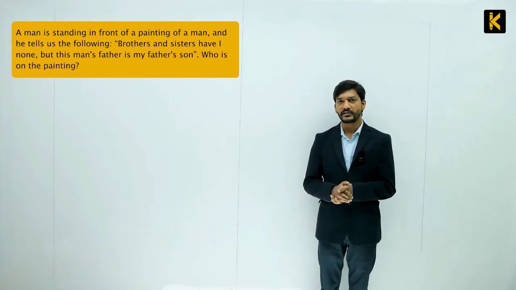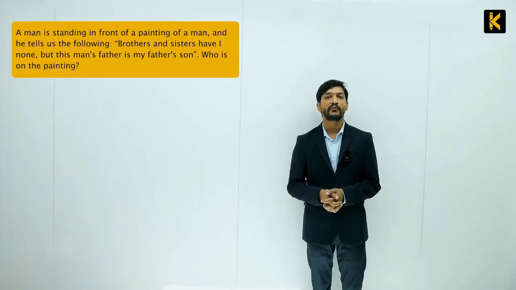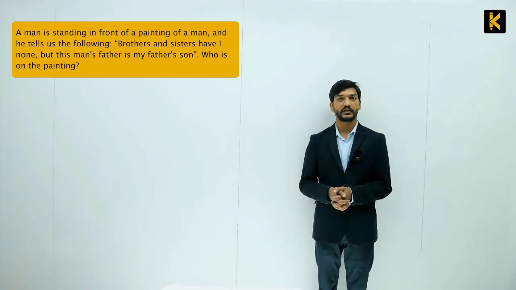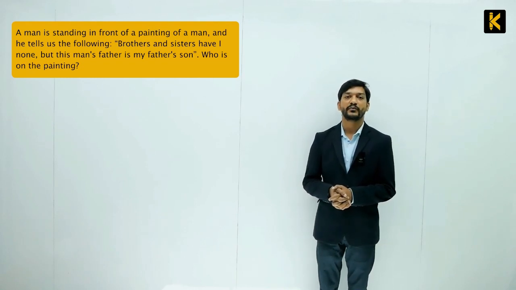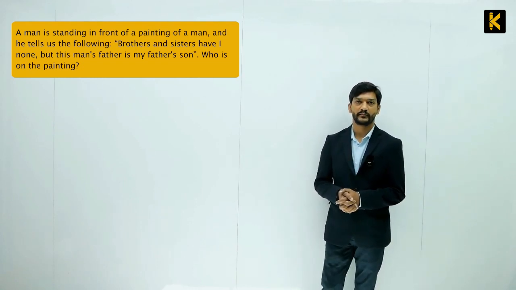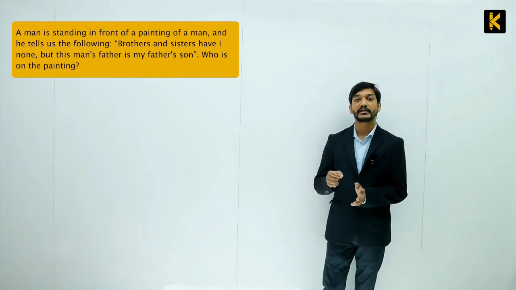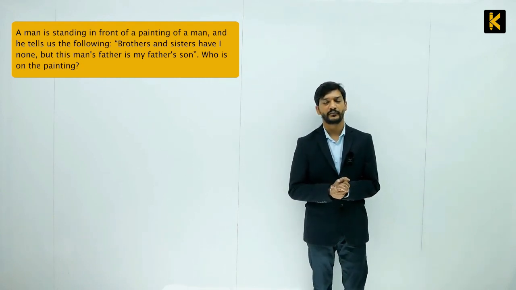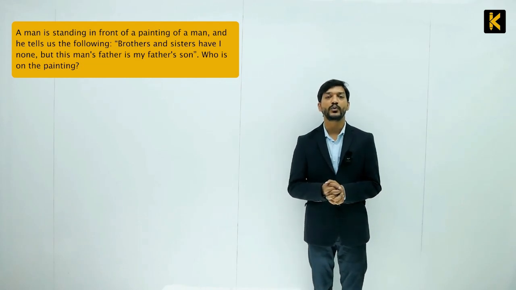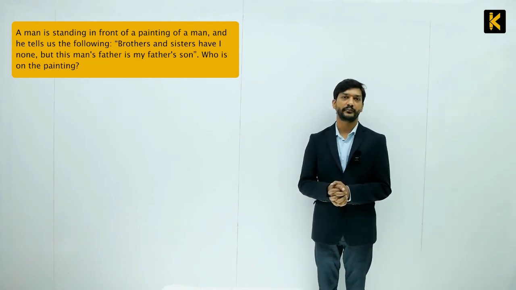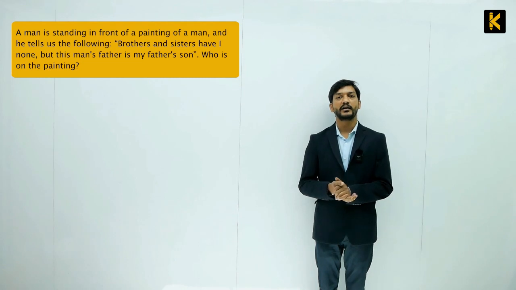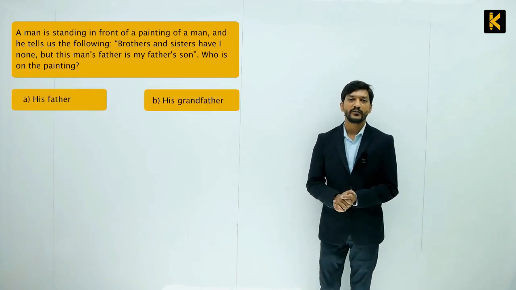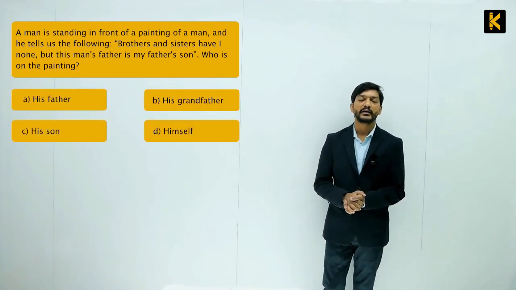So the man is saying, brothers and sisters have I none, but this man's father is my father's son. Okay. So the question is, who is on the painting? The options are his father, his grandfather, his son, and he himself.